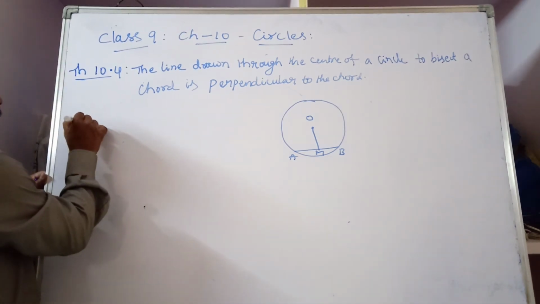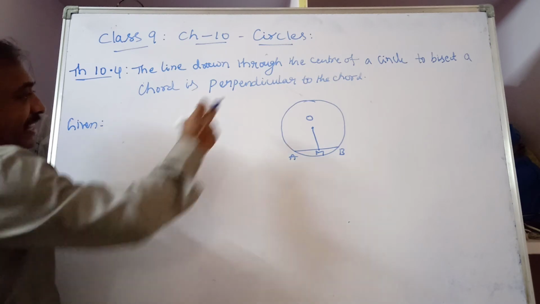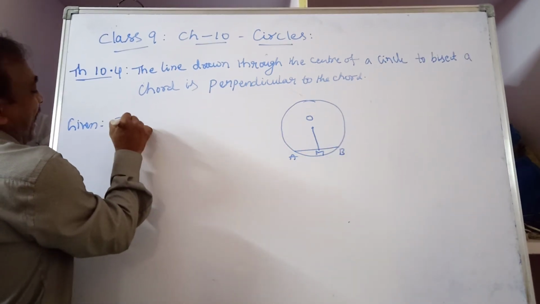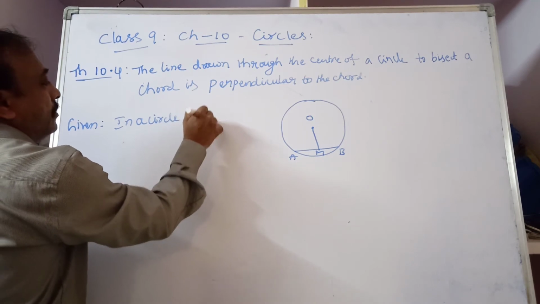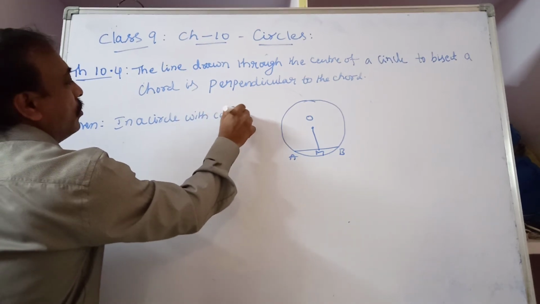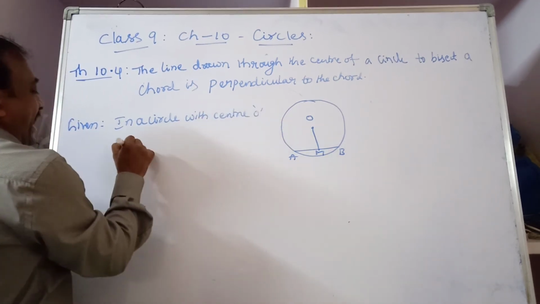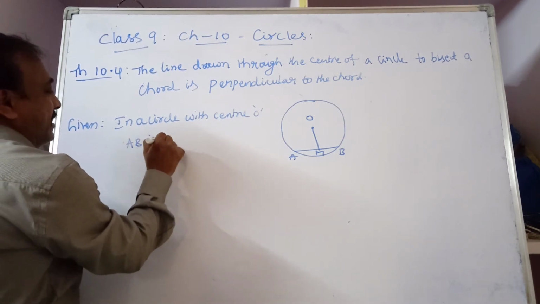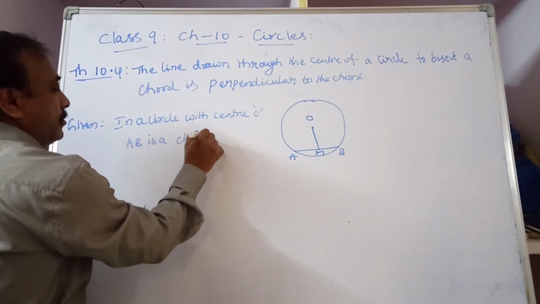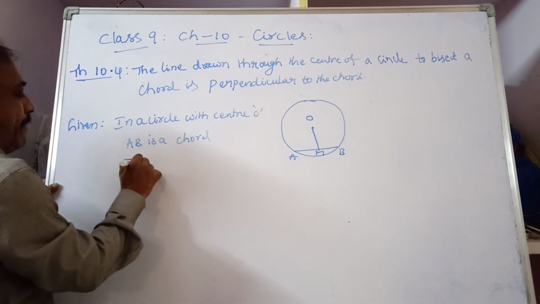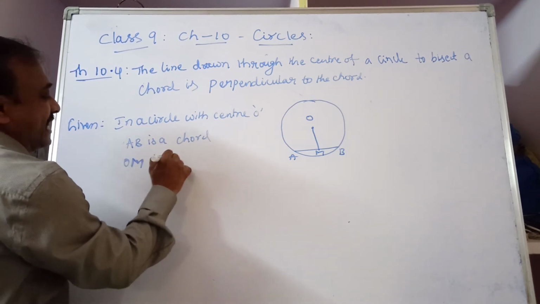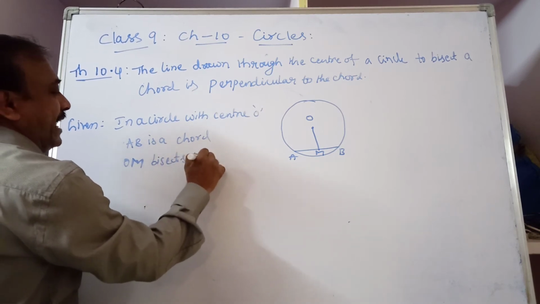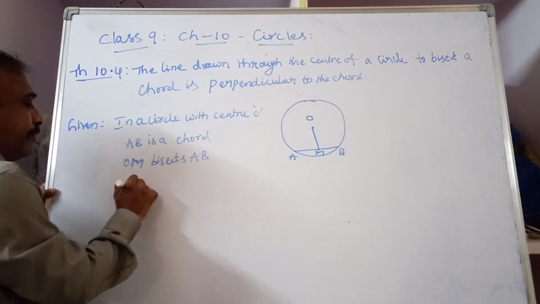So given: in a circle with center O, AB is a chord and OM bisects AB. Bisects means what?